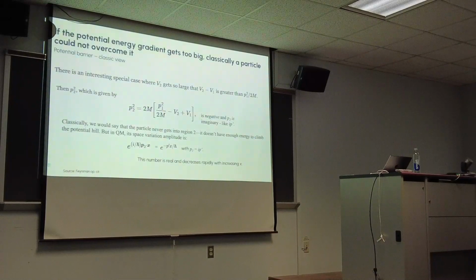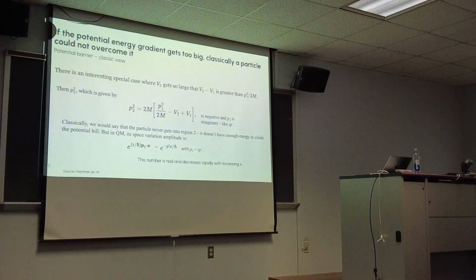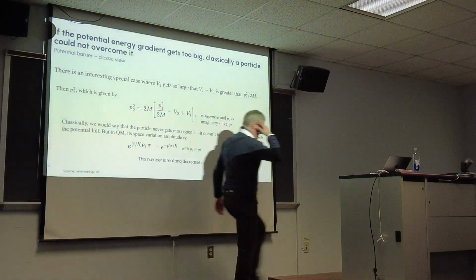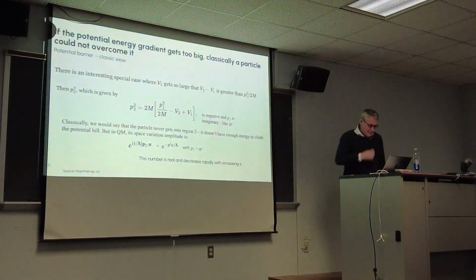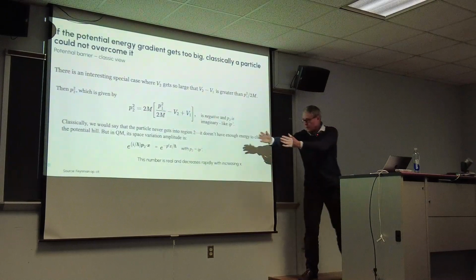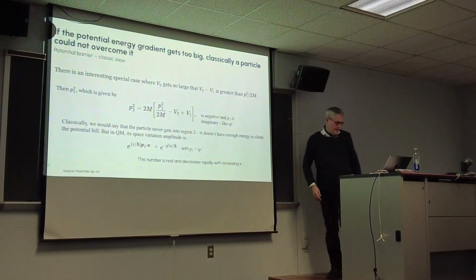A small child couldn't do that, right? Or a weak person with multiple sclerosis couldn't do this because the potential hill is too high. It can't overcome it. I mean, I have a body weight of 72 kilograms, and I have to lift it up, you know. So classically the particle would be like this weak person who can't do this step, right?